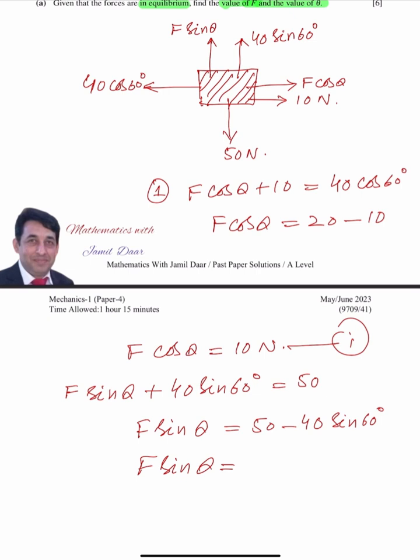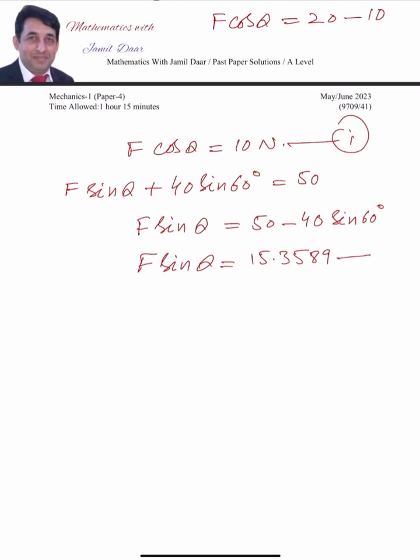This would be 50 minus 40 times sin 60, which is 15.3589. Okay, so this is the second one.